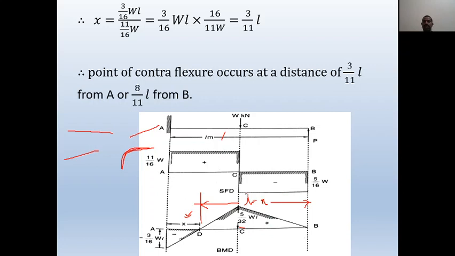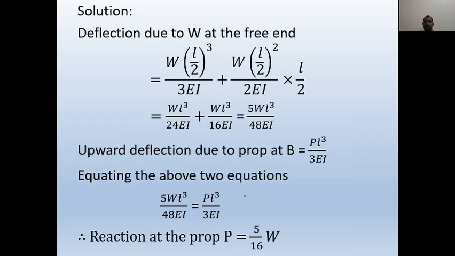Therefore, as shear force is constant here, it must be a linear variation over here, and similarly this is also constant, therefore linear variation over here. So like this we need to draw the bending moment diagram and shear force diagram for these particular cases.